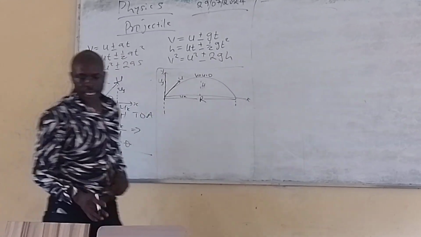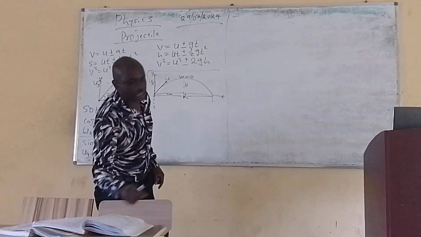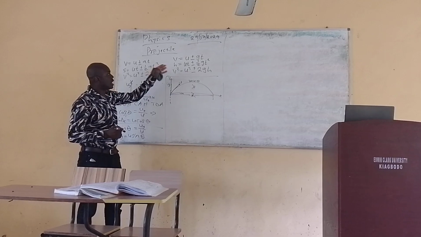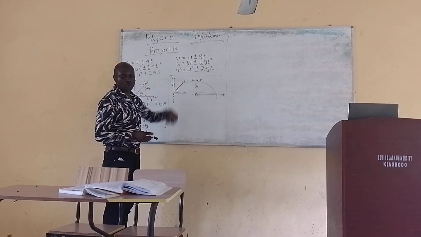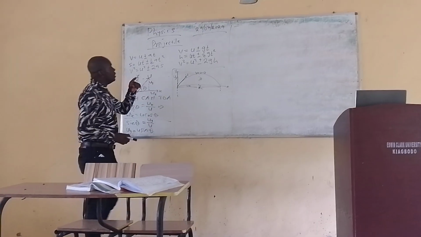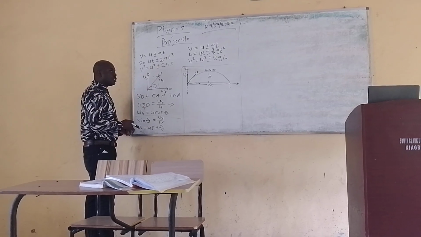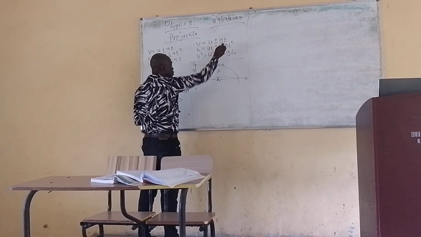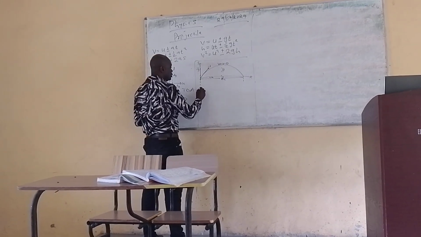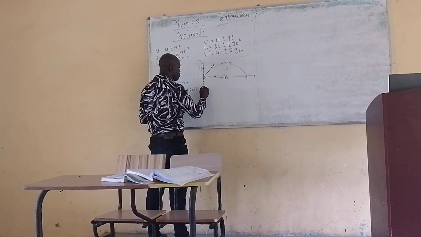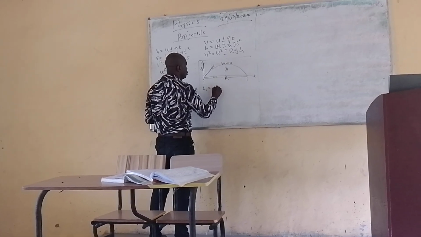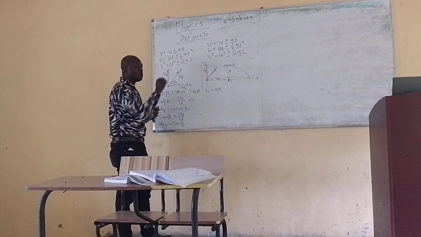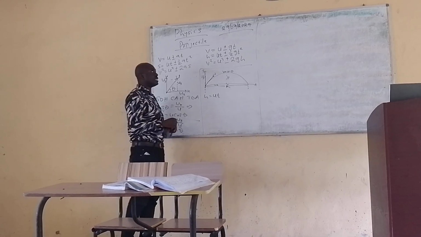Now let's use the second equation to start. This is the second equation of motion under gravity. So you can call it, H is equals to UT. Because we are going up, when the projection is moving up, it's going to observe a negative sign, okay?